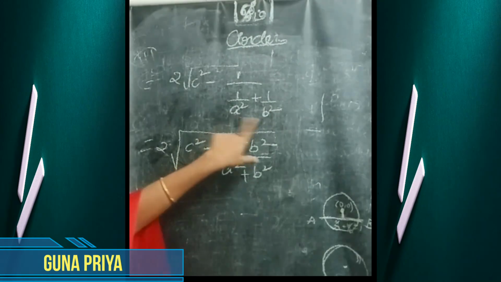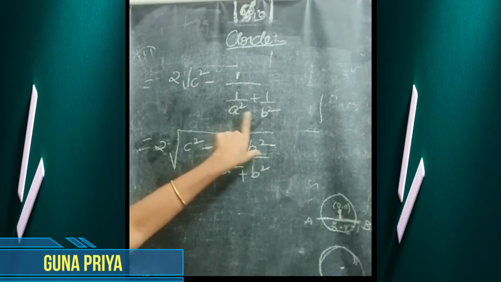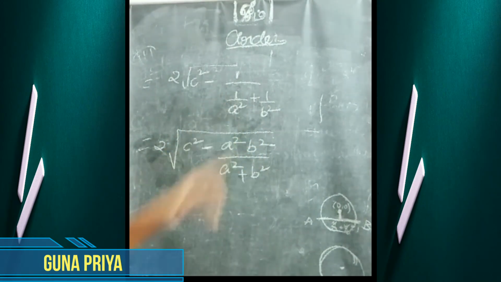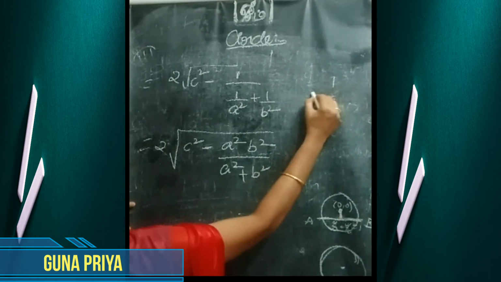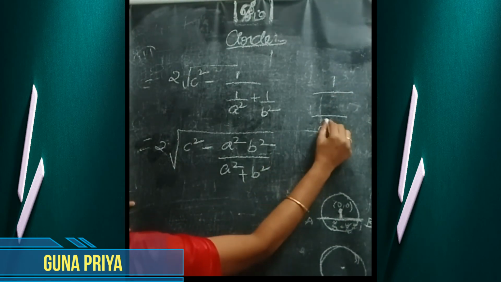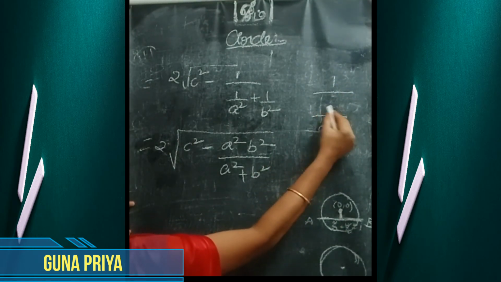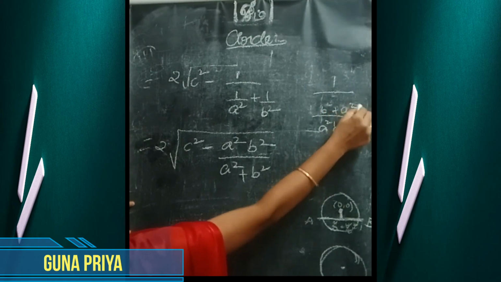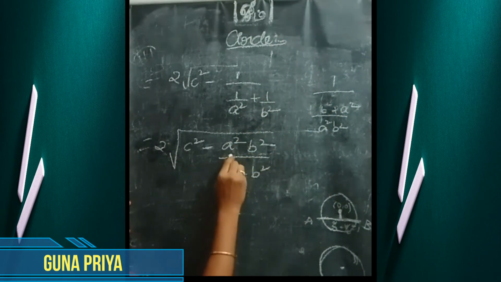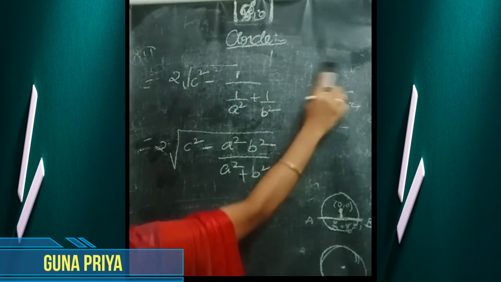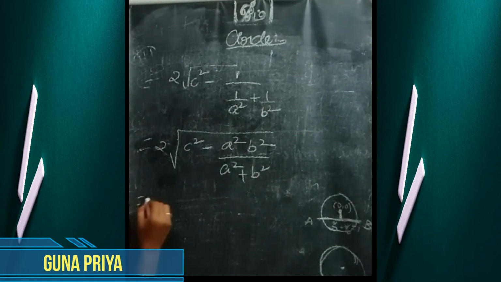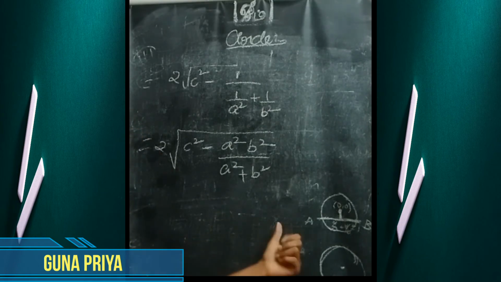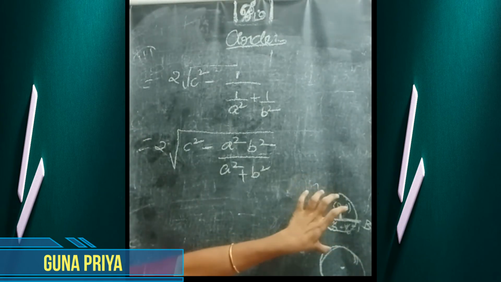Because here a square b square. So actually it will be 1 by a square b square, so b square plus a square. If it goes that side, it will become like this. Okay, don't confuse it. Now this is the length of the chord for AB for the first circle.